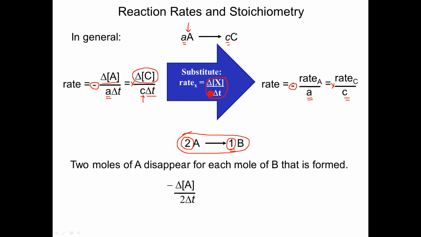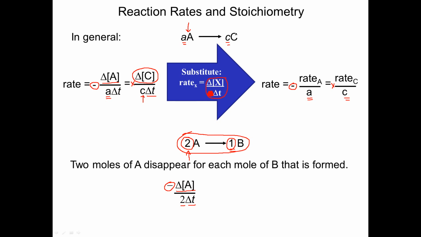So, let's write out our expression. The negative of the change in concentration of A divided by the change in time, that gives us the rate of A, but then we also have to include the coefficient, the 2, and the negative sign because this is a reactant.